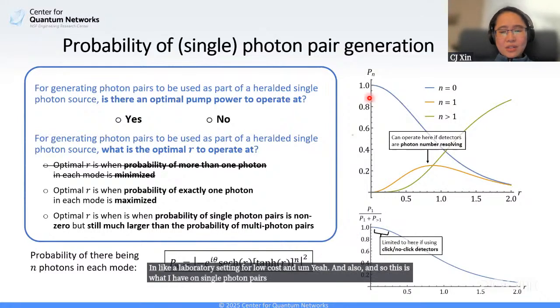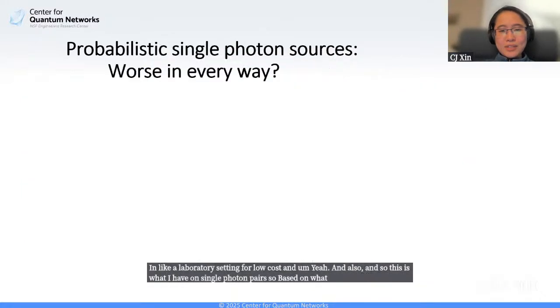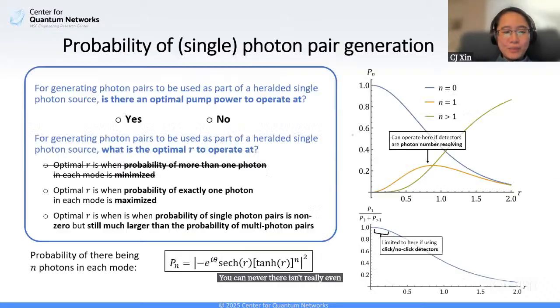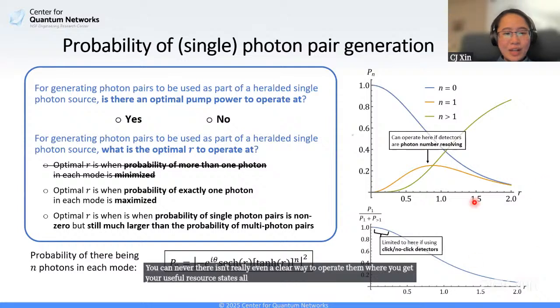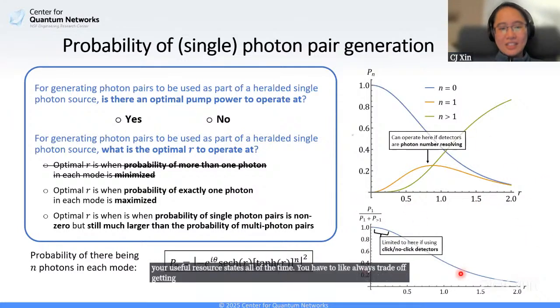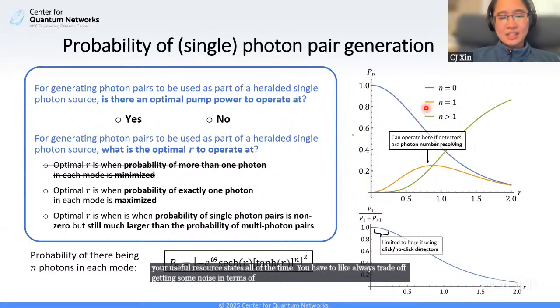Based on what I've described, it almost sounds like these probabilistic single photon sources are worse in every possible way compared to deterministic ones, right? There isn't even a clear way to operate them where you get your useful resource states all of the time. You always have to trade off getting some noise in terms of non-useful resource states, in the form of multi-pairs.